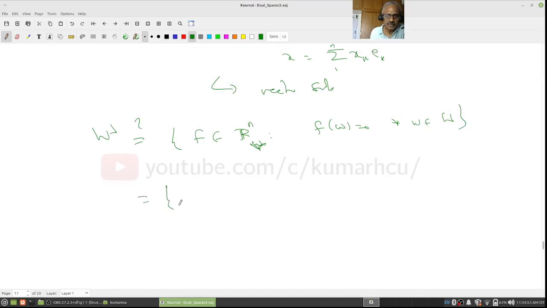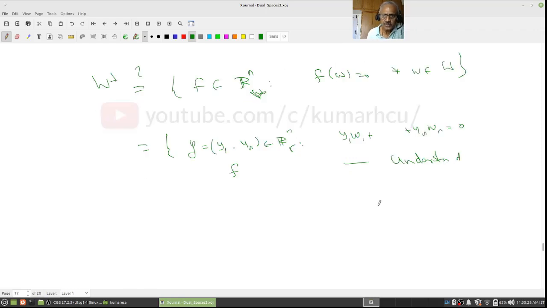But we know this is the set of vectors, let us call y equal to y1, y2, ..., yn in R^n, so that, what is the f of y? That is y1 w1 plus ... plus yn wn is 0, because when I consider this as f, then what is its action? Do you remember that? Please go back and understand this well. So f of w translates as the inner product of y with w equal to 0. Is that clear? So these are the y which are perpendicular to this.